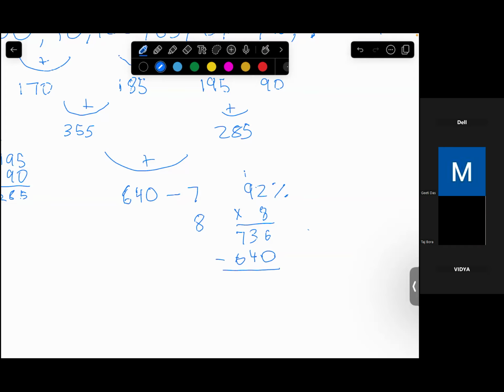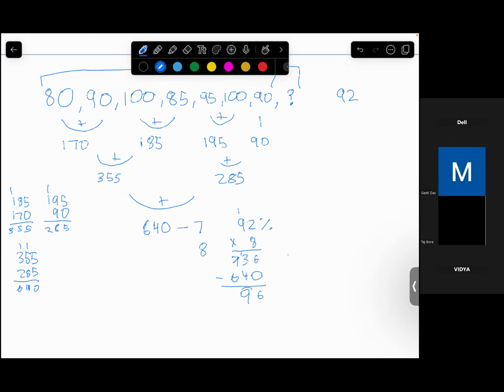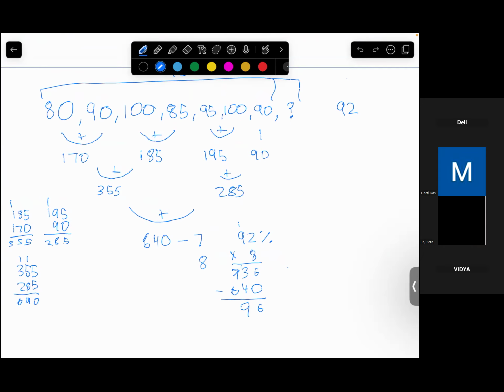So 6 minus 0 is 6. Then we can't do 3 minus 4, so we borrow a 1. 13 minus 4 is 9. So this is the answer to the question, 96. He needs to score a 96 to average a 92 over all of his tests.